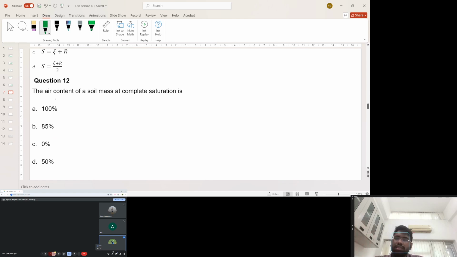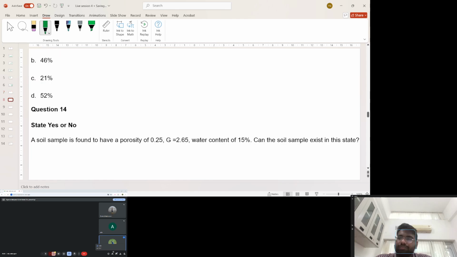If we think logically, the air content should ideally be zero for any soil at 100% saturation. All right. Moving to the next question.